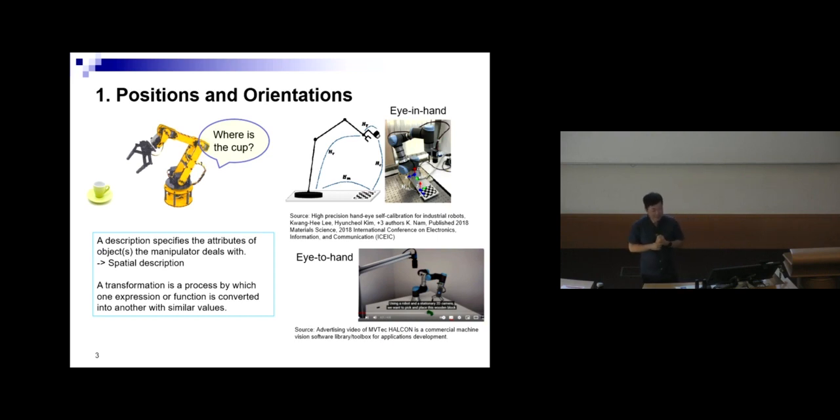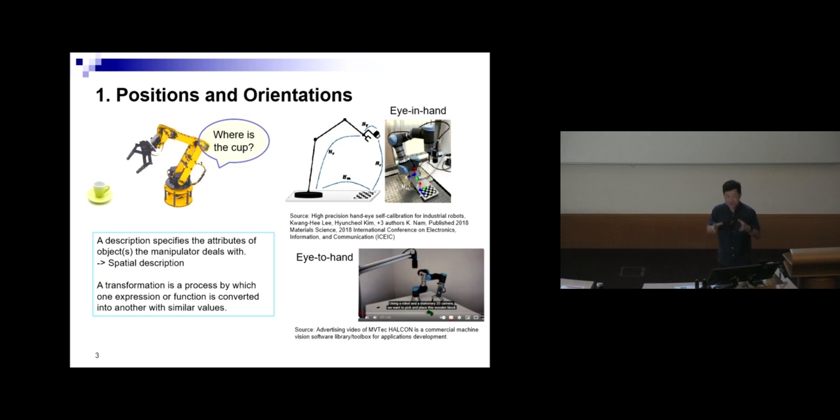But the problem here is, if you see something, it doesn't mean that the robot will know where it is. You need to tell the robot where the cup is. You have to describe the position and orientation. This is the topic for the first half of today's class.